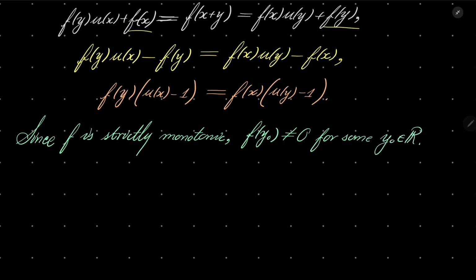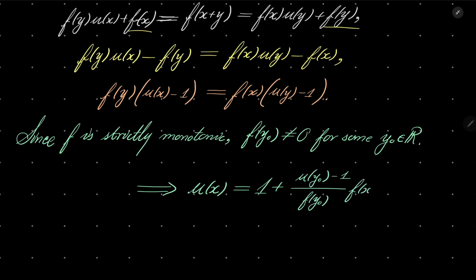And that allows us to conclude that u of x equals 1 plus, let's write, u of y0 minus 1 over f of y0 times f of x. I have divided by this and I have added 1 to both sides.